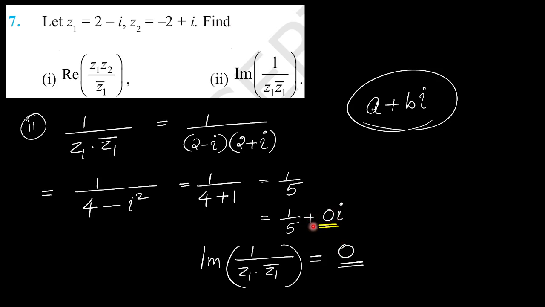It is still 1 by 5 plus 0, which is 1 by 5. Also, it is now in a plus bi form. So hence I can find out the imaginary part, 0.